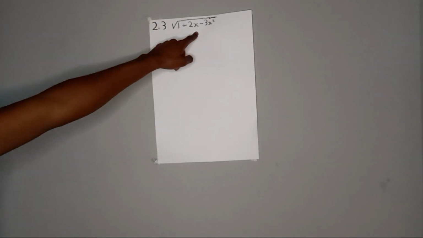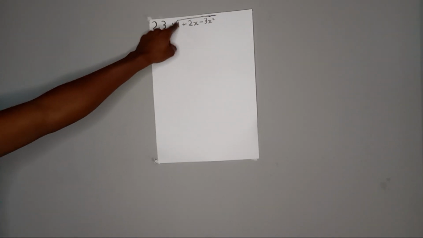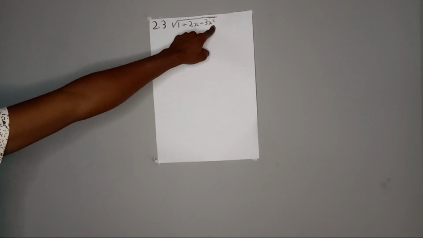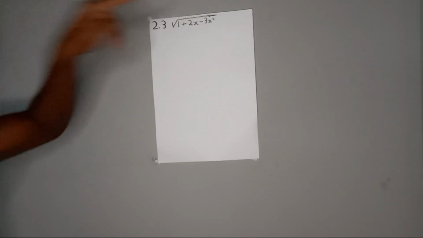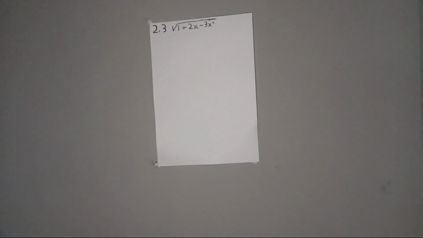Okay. First things first, write this in standard form. What I mean by standard form is that the 3x squared must go to the front, the 2x in the middle, and the 1 last. Basically your quadratic equation, a trinomial.